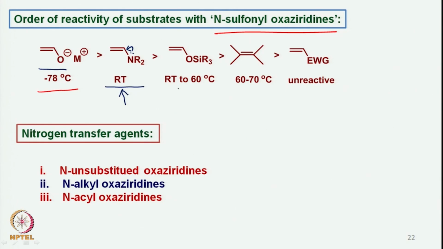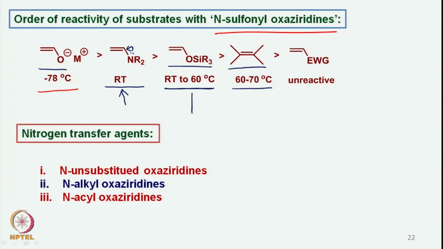On the other hand, if you have an enol silyl ether of this kind, that requires room temperature to 60 degrees for the epoxidation, or the reaction with oxaziridines, to take place. If we have a normal olefin like this, then it takes around 60 to 70 degrees.